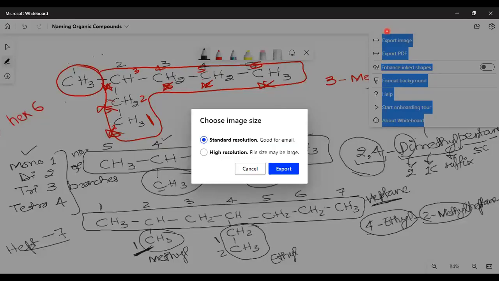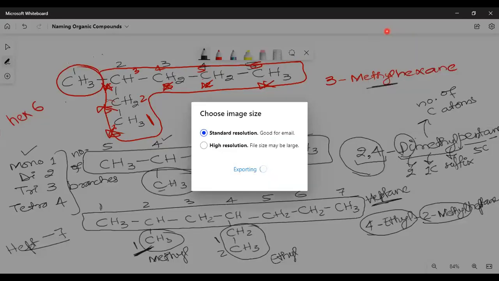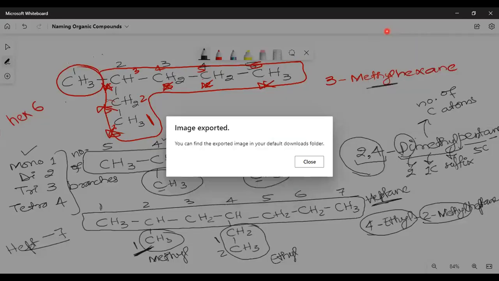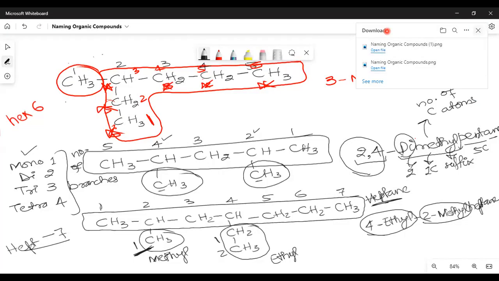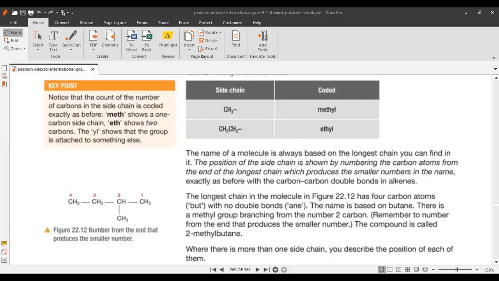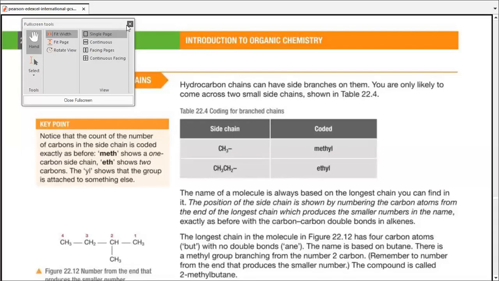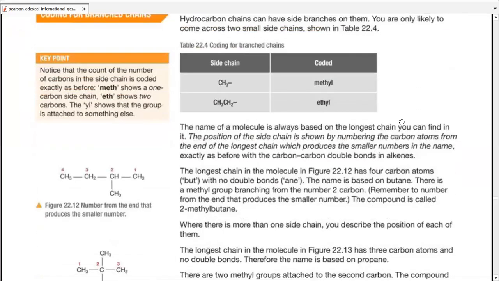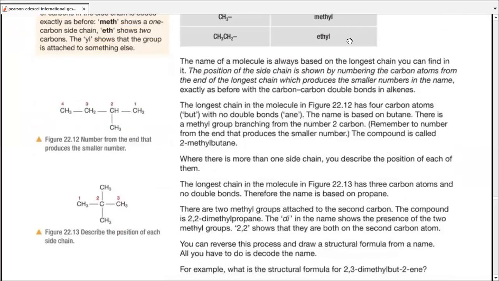First, let me just put the image. Okay, good. And I'm gonna stop sharing and we're gonna get back to the book. All right. So all the rules that I've explained over there, they explain the same thing over here.